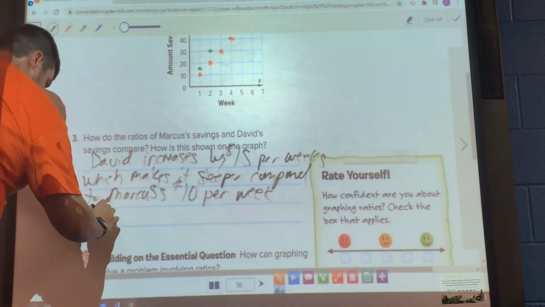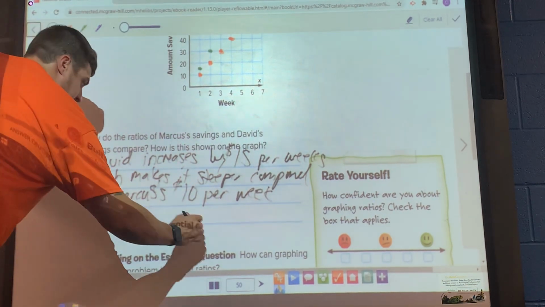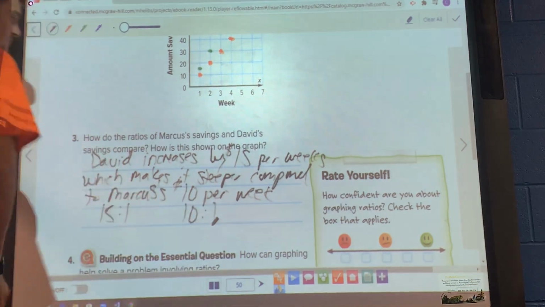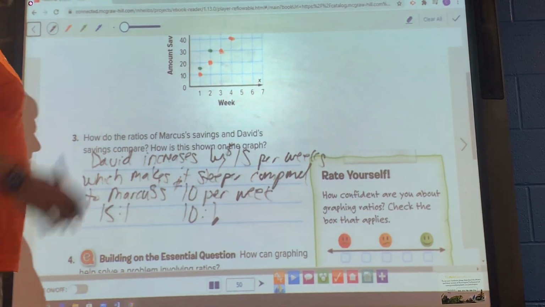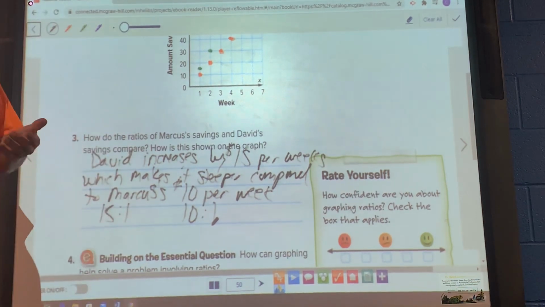David's would be 15 to 1, and Marcus's would be 10 to 1. David's is going to be steeper because it's going up faster. So that's how you would describe these.